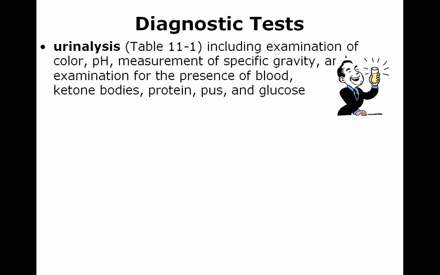When a urinalysis is performed, there's a number of different sub-tests that can be done as a part of this urinalysis. The technicians are looking for the color and clarity of the urine sample, the chemical nature, like the pH of the urine sample, the specific gravity.